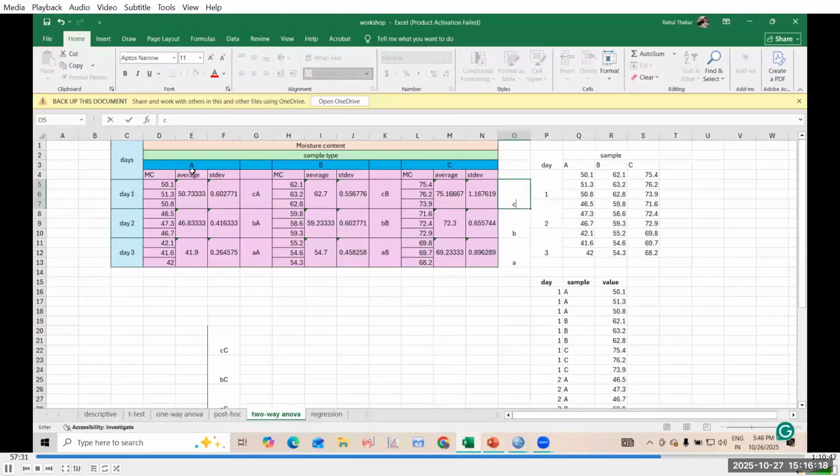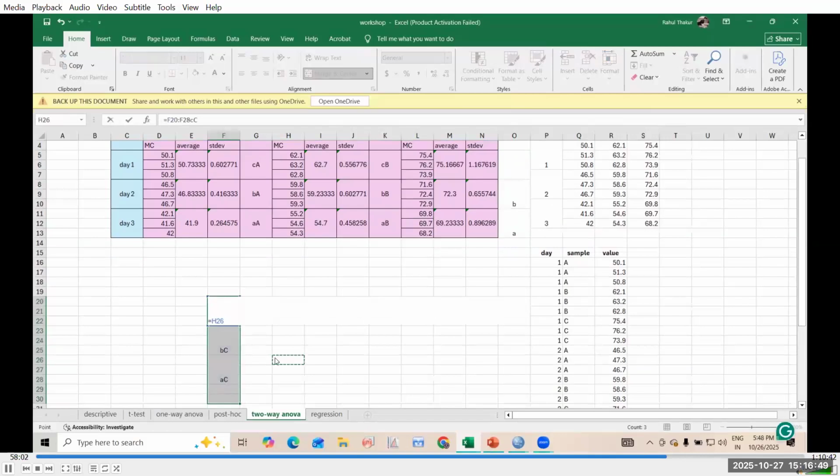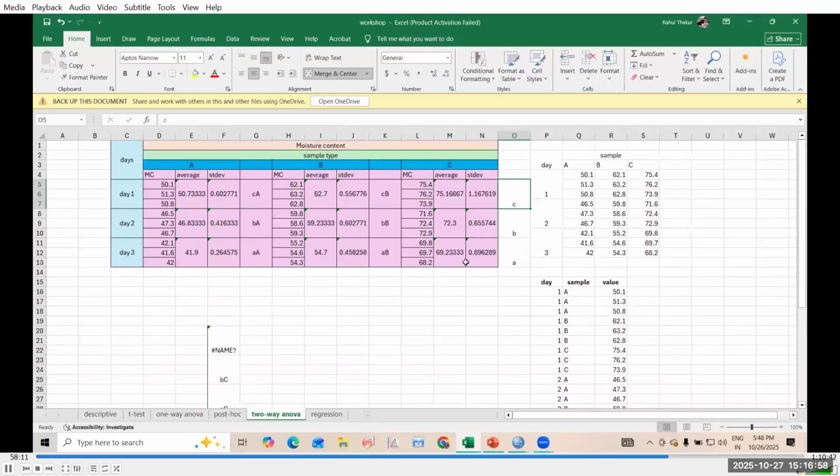As we have seen that sample A has the slightest significance level, we'll choose sample A as capital A, sample B as capital B, and sample C as capital C.